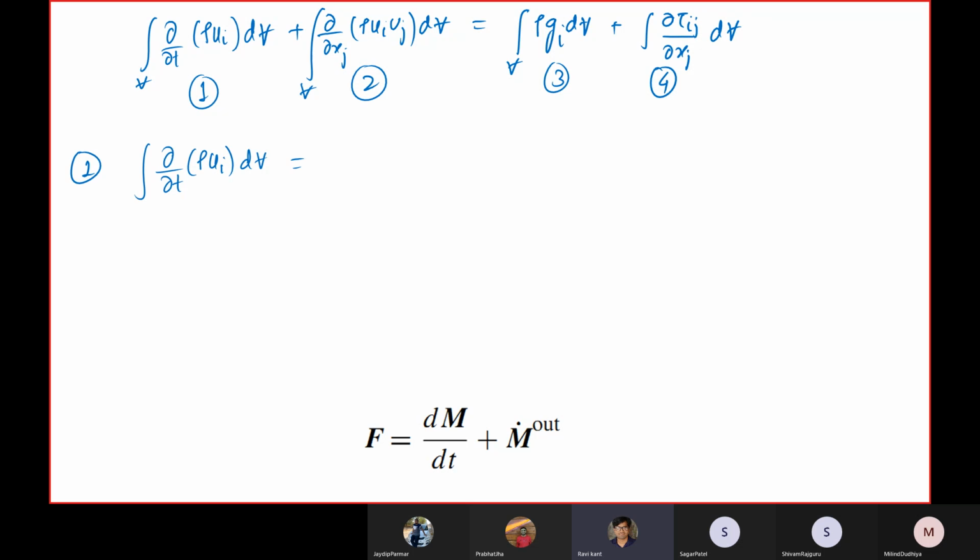How can I write this? So we'll use our usual. Since this is a fixed volume, remember we have learned the Leibniz theorem. According to the Leibniz theorem, I can write this straight away. And what is this thing?